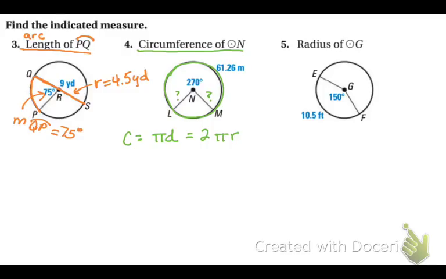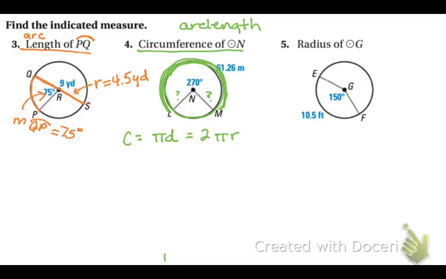And now we have this equation with arc length that uses the radius. So remember the arc length, and in this case we're given this arc length. Okay, this piece right here.